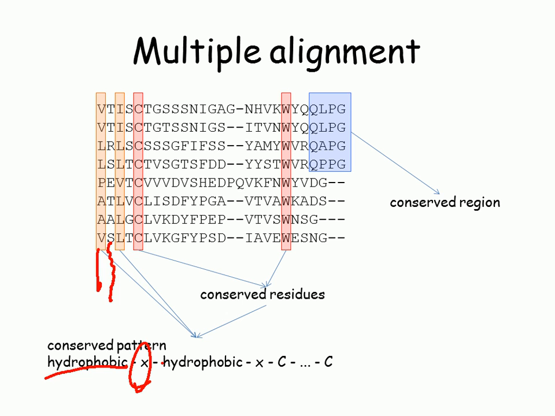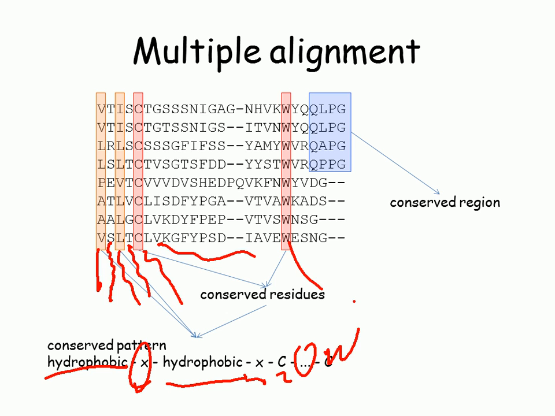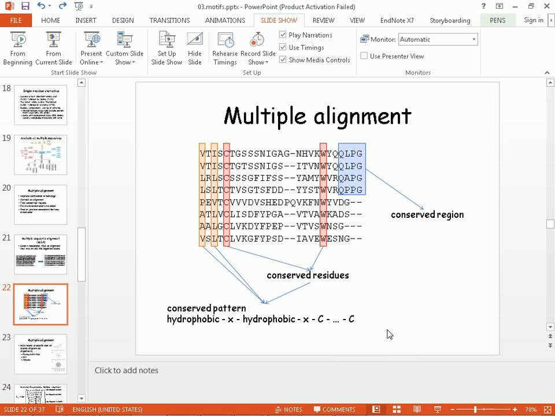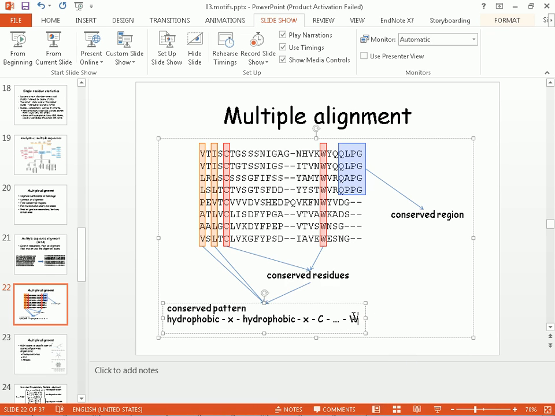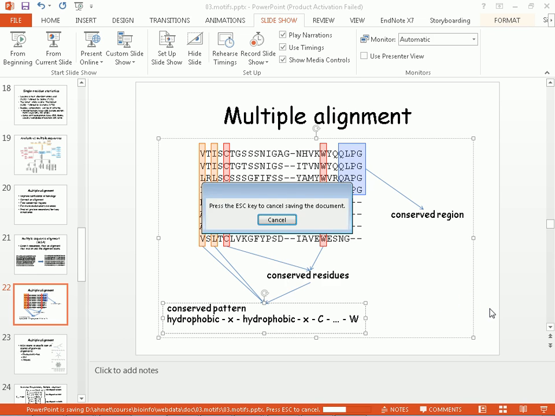It could be any amino acid, followed by another hydrophobic amino acid, followed by anything, another X, followed by C, followed by a bunch of amino acids, followed by a W. So let's make that a W so it reflects the alignment.